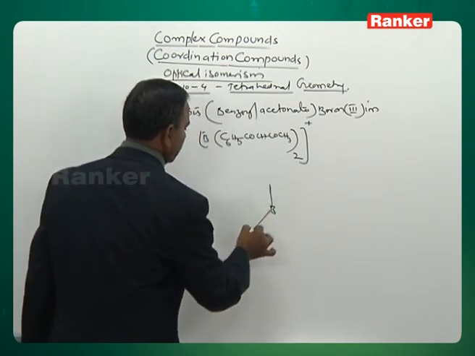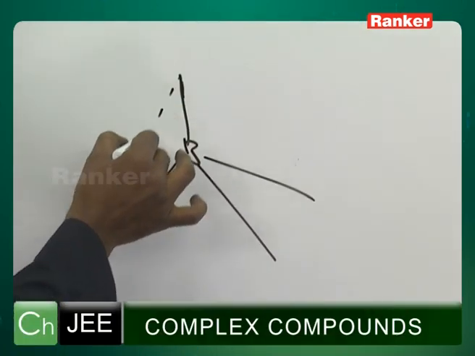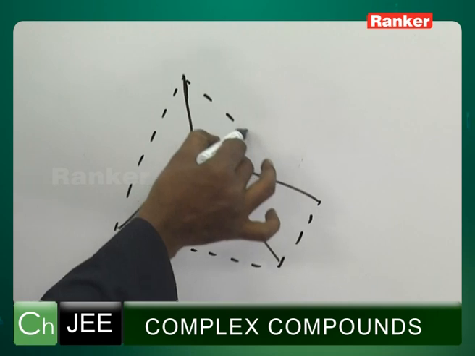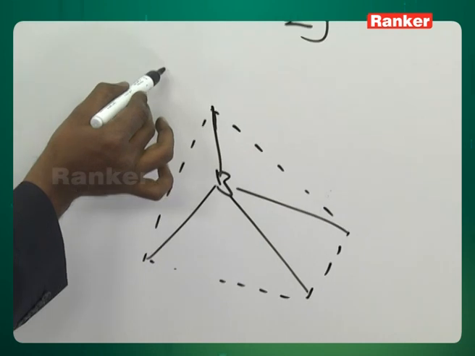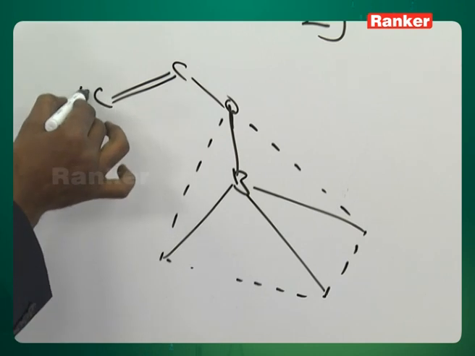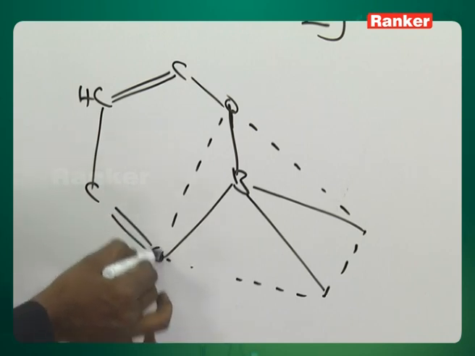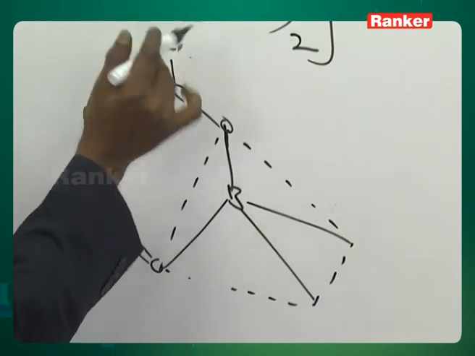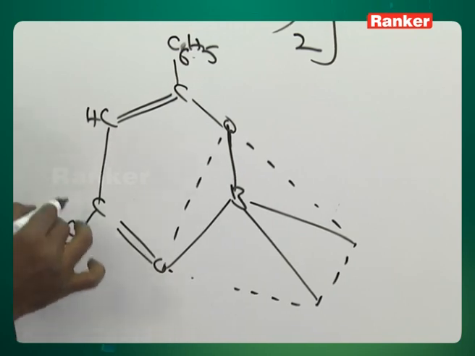First, to make tetrahedral geometry, the linkage of this ligand: a single bond, a double bond, CH, then C double bond O. One end is C6H5, the other is CH3.